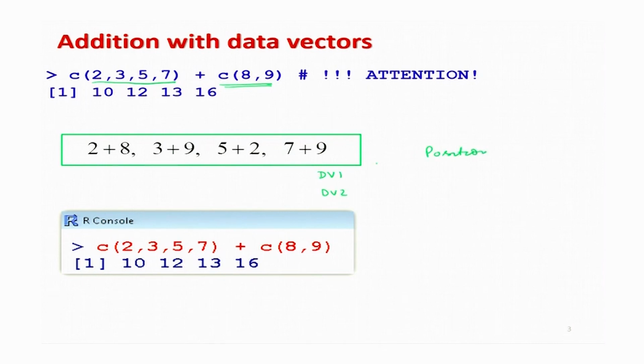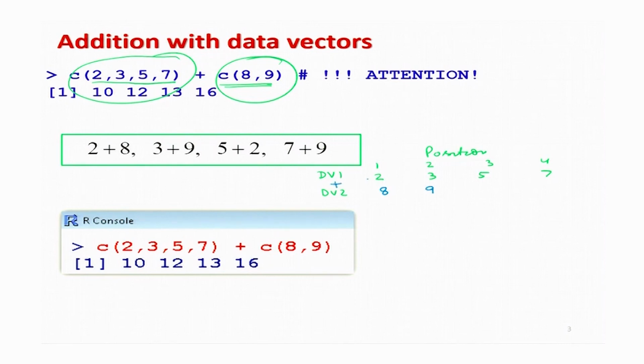There are 4 positions, 1, 2, 3 and 4, and in the data vector 1 there are the values 2, 3, 5 and 7 that you can see here, which I have written here. And in the second data vector there are only 2 values, 8 and 9. So I write down here 8 and 9. Now, you want to do addition.